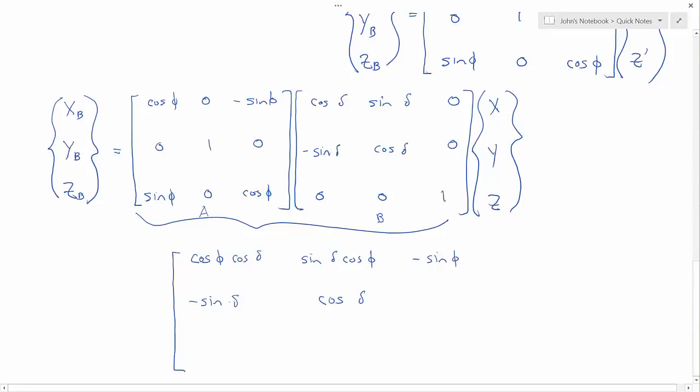This is delta, sorry. And then third column, second row, it was 0. Then we go back, we have first column, third row. Second column, third row.